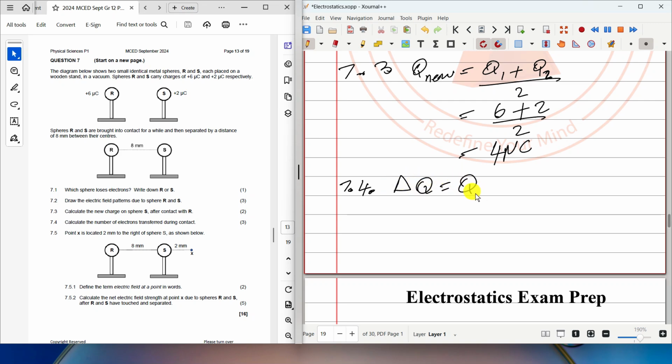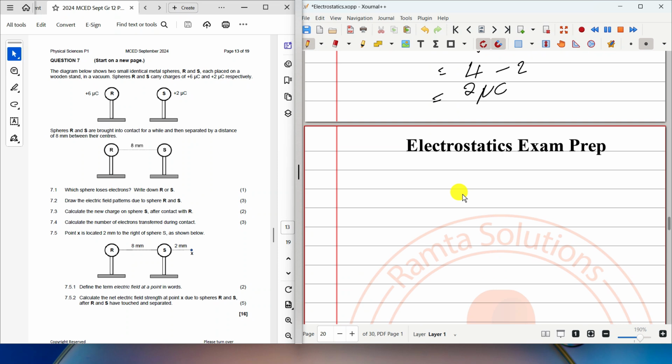It will be final minus initial, and I'm referring to sphere S. Even if you take sphere R, it's okay, but I'm going to take sphere S. Finally, sphere S has 4 microcoulombs. Initially, it had 2 microcoulombs. Therefore, the change in charge is now 2 microcoulombs.